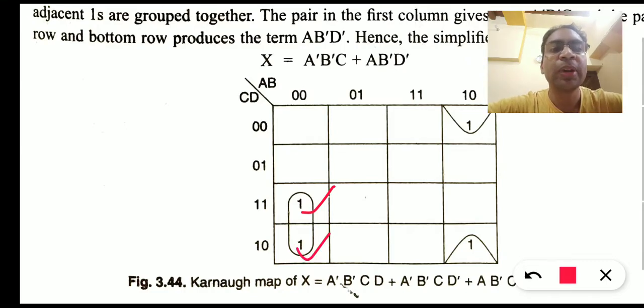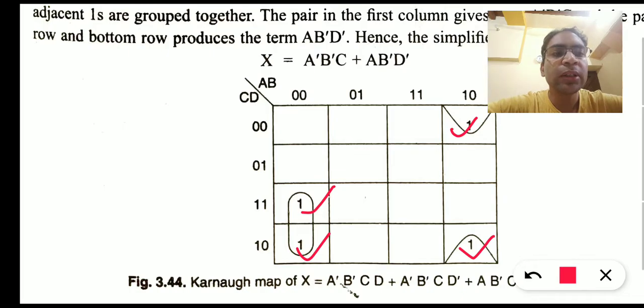The next expression was A B dash C dash D dash. And the last term in the Boolean expression was A B dash C D dash, right? So these are the ones, and on the other places we will simply mention 0.